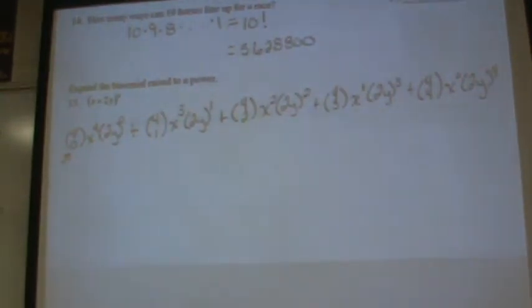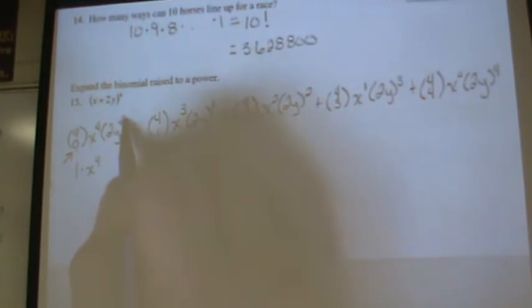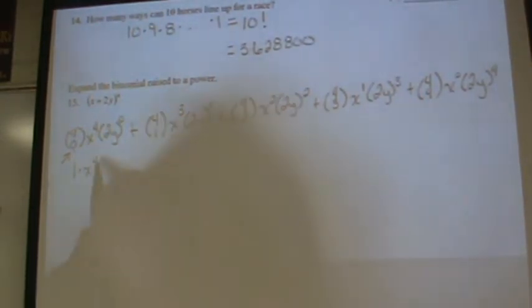So now we need to simplify our expanded binomial. So the first combination will give you a 1. So we have 1 times x to the 4th. 2y to the 0 is also 1.